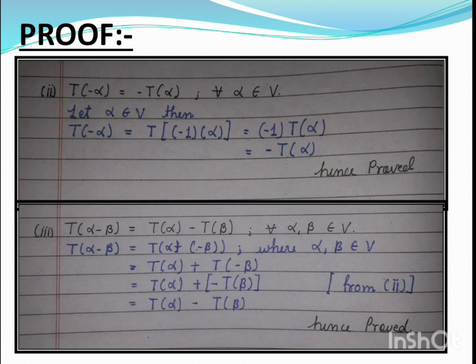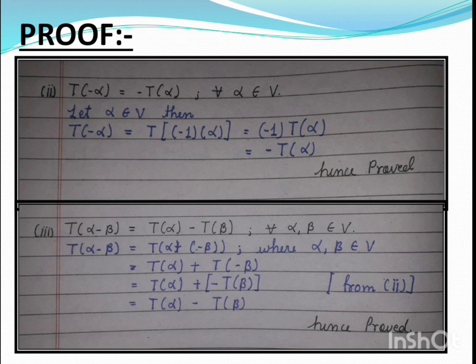Coming to the third formula. The third formula is T of alpha minus beta is equal to T of alpha minus T of beta for every alpha, beta belonging to the vector space V. We can write T of alpha minus beta as T of alpha plus, in the bracket, minus beta, where alpha, beta belong to V. Now separating the transformation we get T of alpha plus T of minus beta.